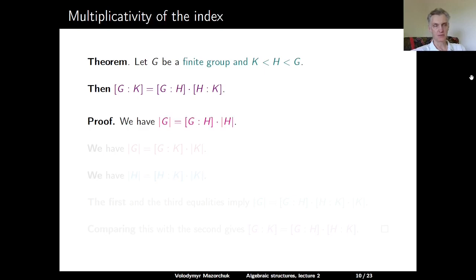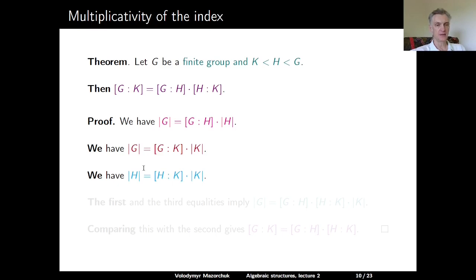From the definition of the previous slide, we have that the cardinality of G is equal to cardinality of H times the index of H in G. We also have that the cardinality of G is equal to the cardinality of K times the index of K in G. And we finally have that the cardinality of H is equal to the cardinality of K times the index of K in H.